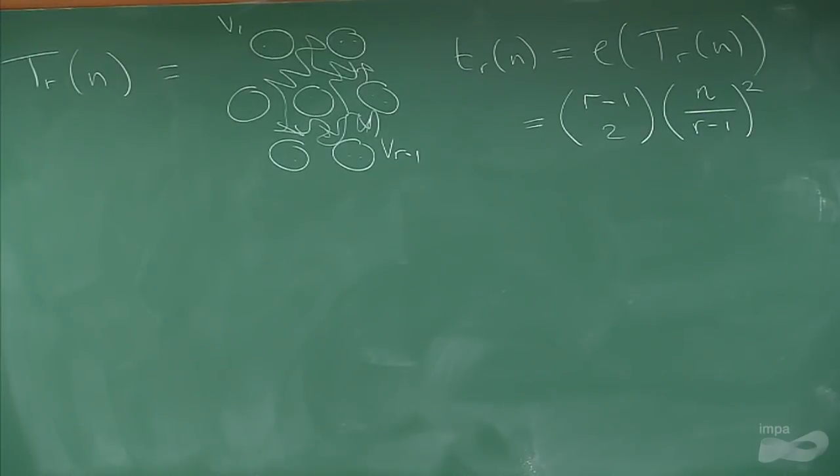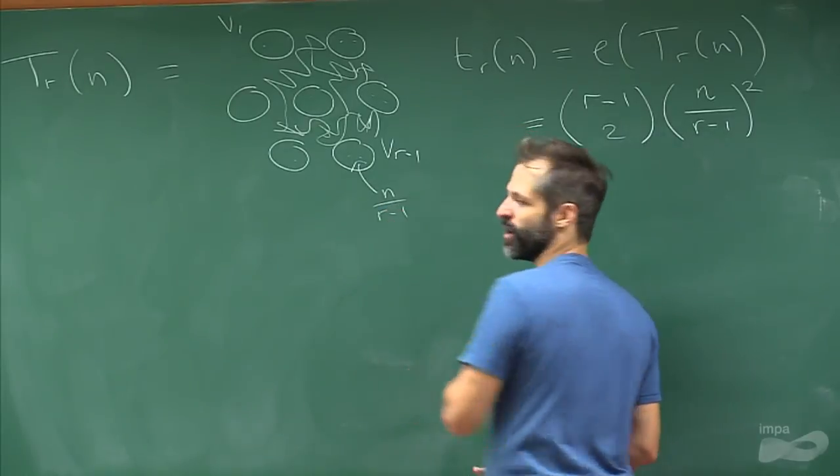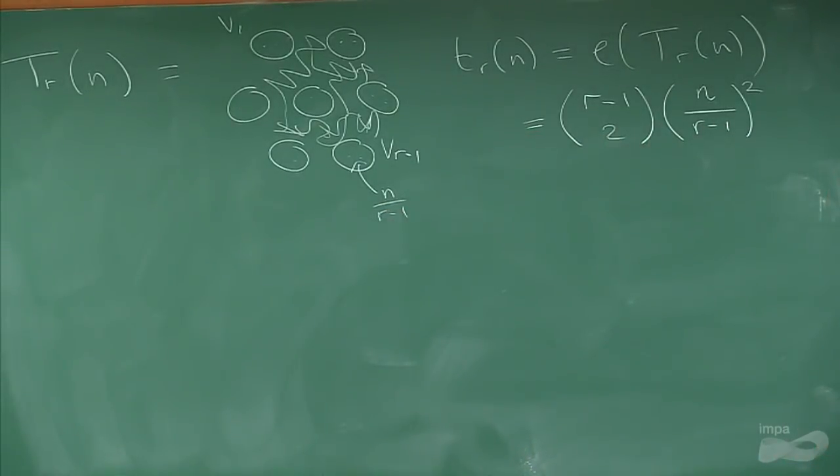Let's pretend that they're all of size exactly n over r minus 1, so let's assume that n is a multiple of r minus 1. To maximize the number of edges, you should take the parts as equal in size as possible, by convexity. So that's the number of edges.